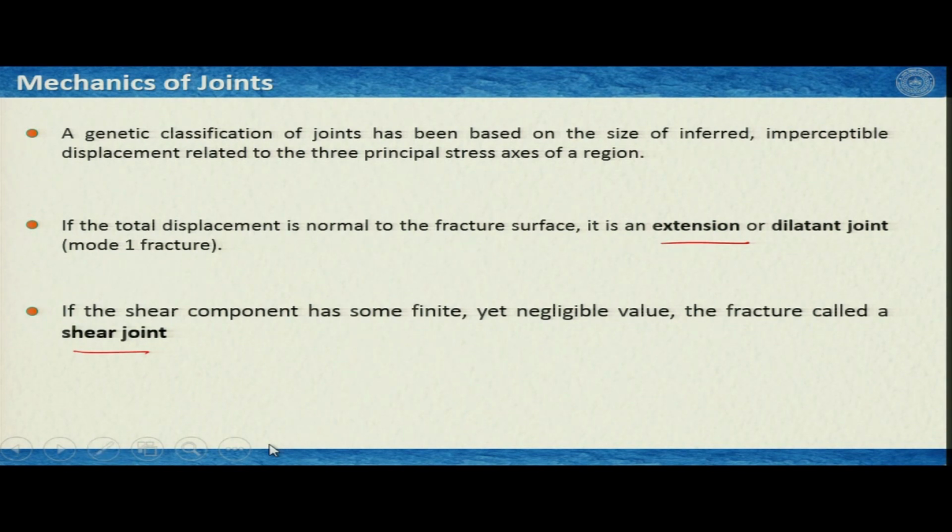Now, these definitions or classifications are essentially restricted to the point when joints have just formed. An extensional or shear joint at a later stage of the deformation can eventually produce a fault and so on, but this is exactly what we are not going to look at right now.